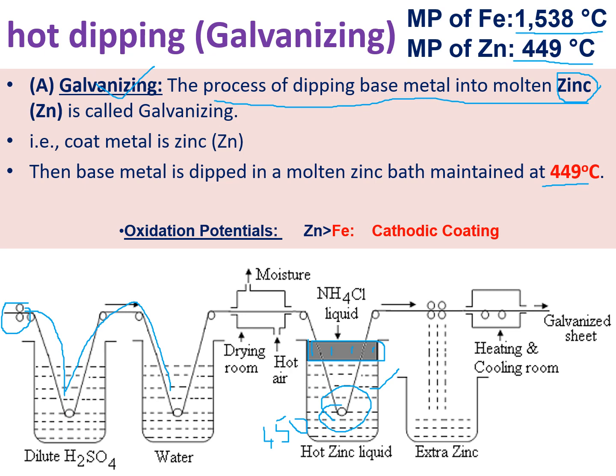Zinc naturally has high oxidation potential and acts as an anode. At high temperatures, it would immediately interact with atmospheric gases and get corroded. To avoid that, we make an NH4Cl cover over the zinc metal. So this is the galvanizing process.